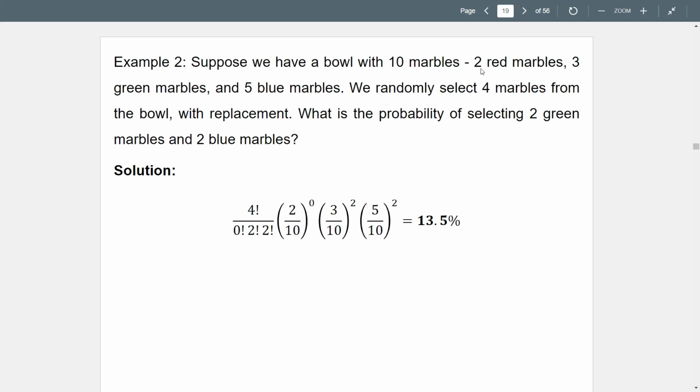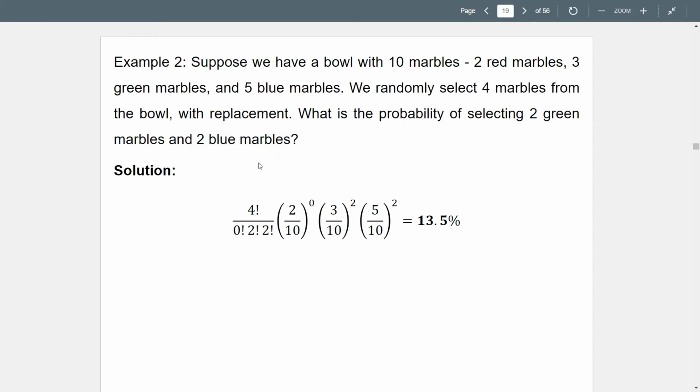There are 3 colored marbles here. These are the number of trials, which is 4, and these are the number of successes within those trials: 0 for red marbles, 2 for green, and then 2 for blue.